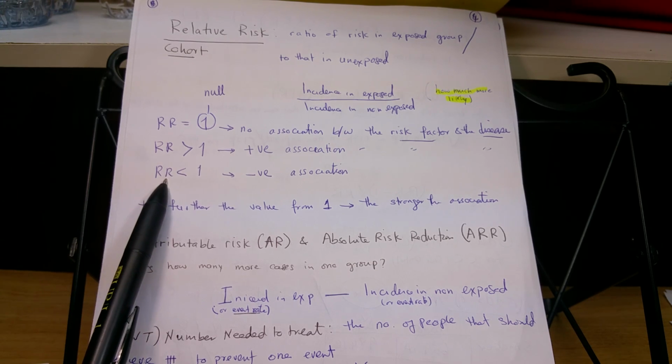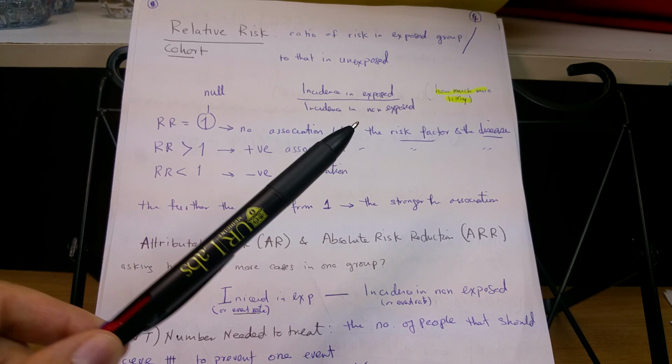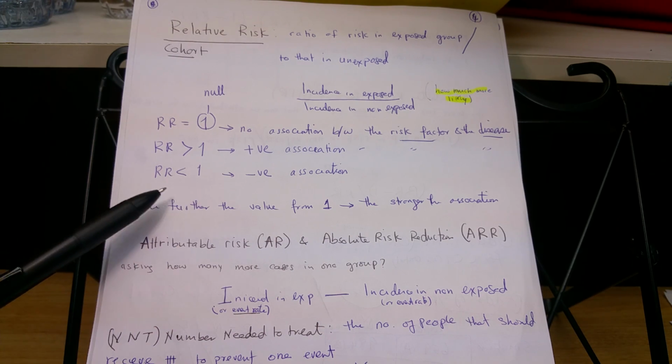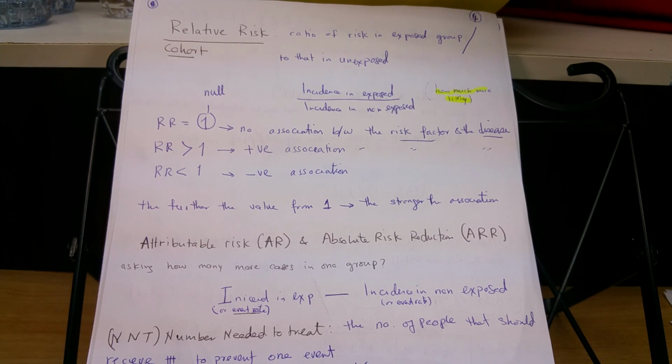While if relative risk is less than 1, there's a negative association between the risk factor and the disease. The further from the value of 1, the stronger the association.